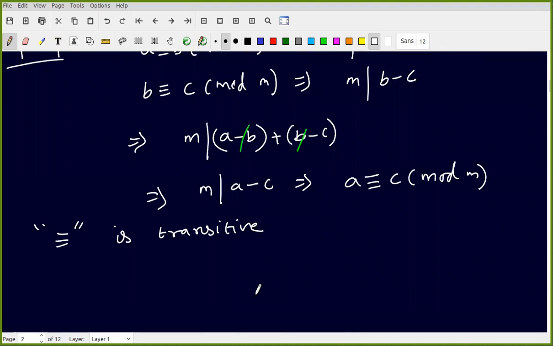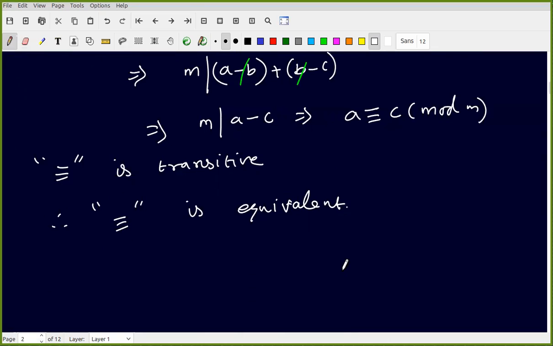If a relation is reflexive, symmetric, and transitive, then it is an equivalence relation. So congruence is an equivalence relation on the set of integers.